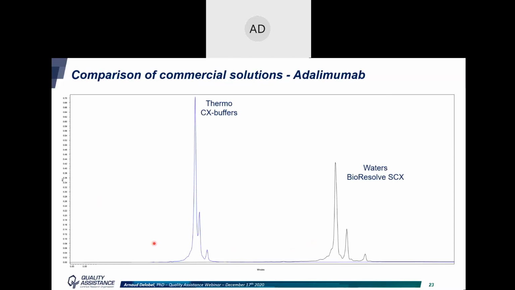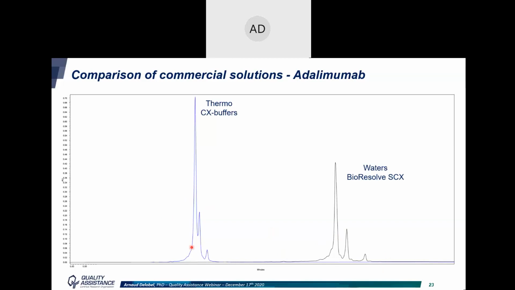If you want to compare also the two commercial solutions, we have used the Thermo CX buffers on the Thermo columns, the Waters buffers on the BioResolve Waters column, and you can see the separation that we get with the conditions that are recommended by the supplier without further optimization for adalimumab. And what you can see here is that with the Waters solution, we get a better resolution for both the basic and acidic variants.